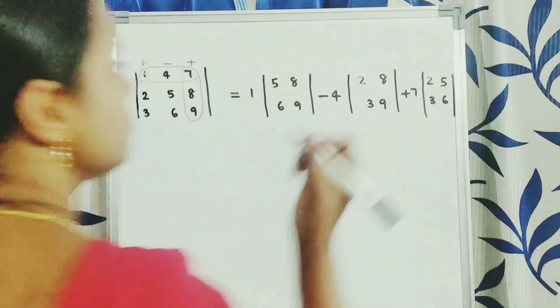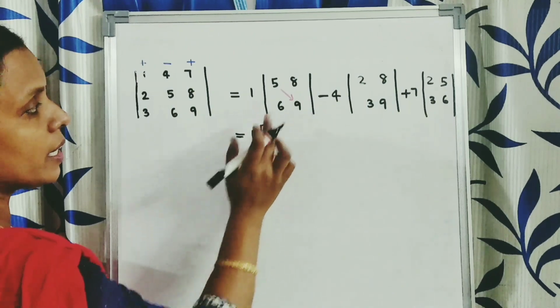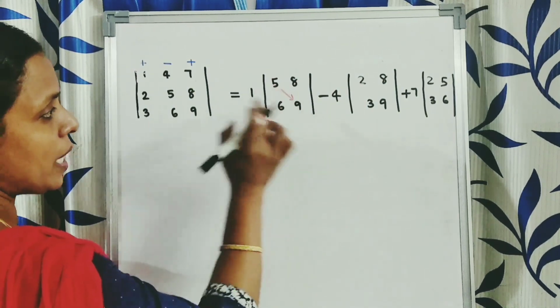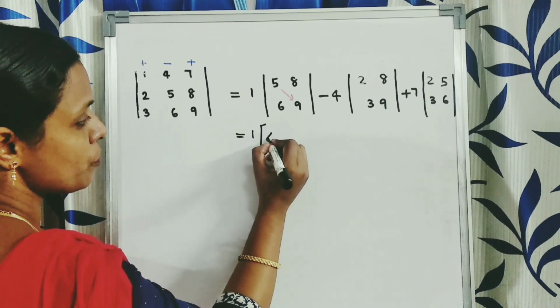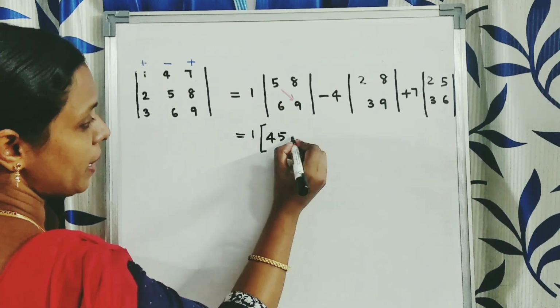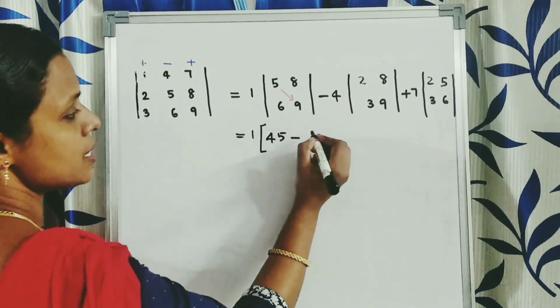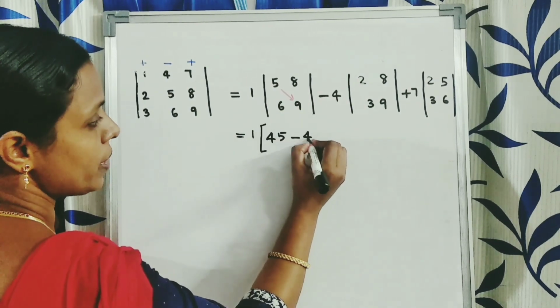Now calculate the value of each determinant. 5 into 9 is 45, minus 8 into 6, which is 48.